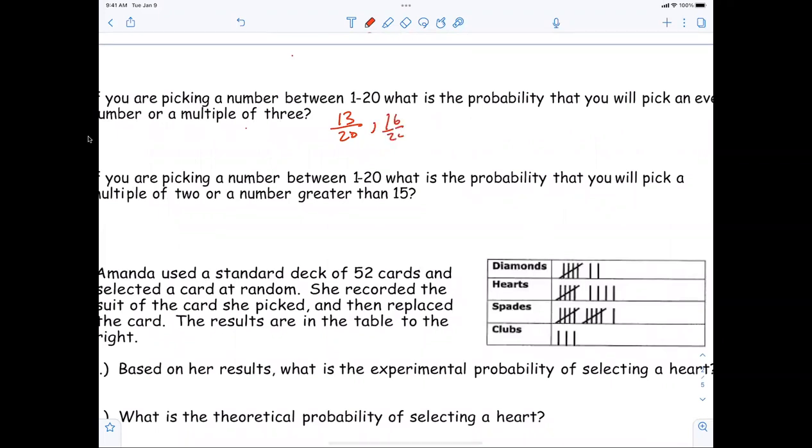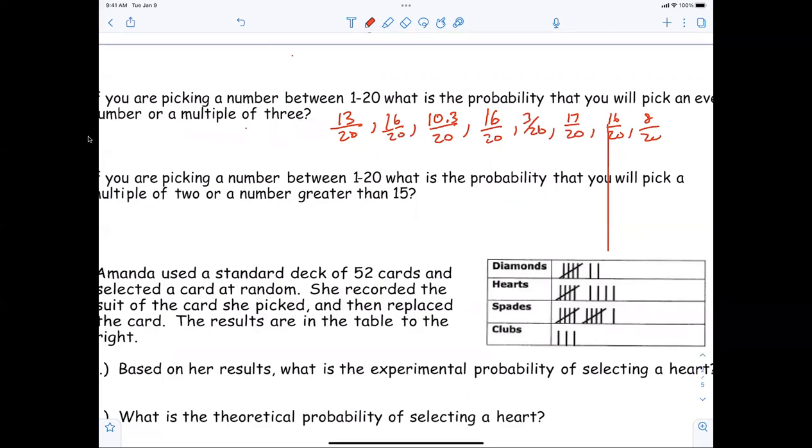16 out of 20. I like it. What did you get? 10 out of 20. That's interesting. 16 out of 20. I got another 16 out of 20. What did you get? 17 out of 20. I like that. 16 out of 20. 8 out of 20.